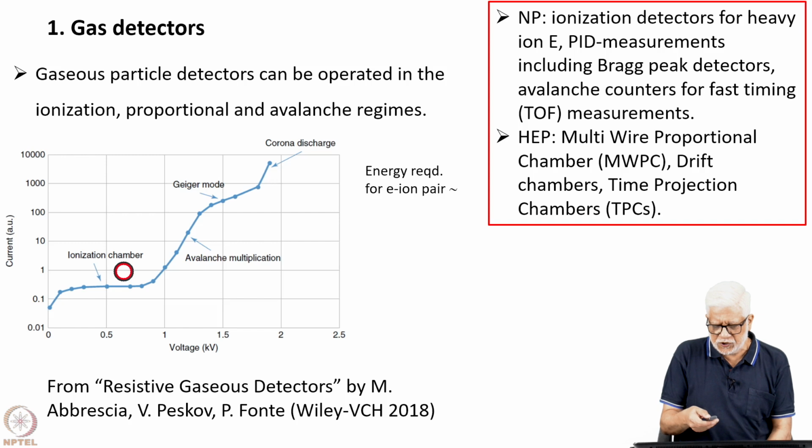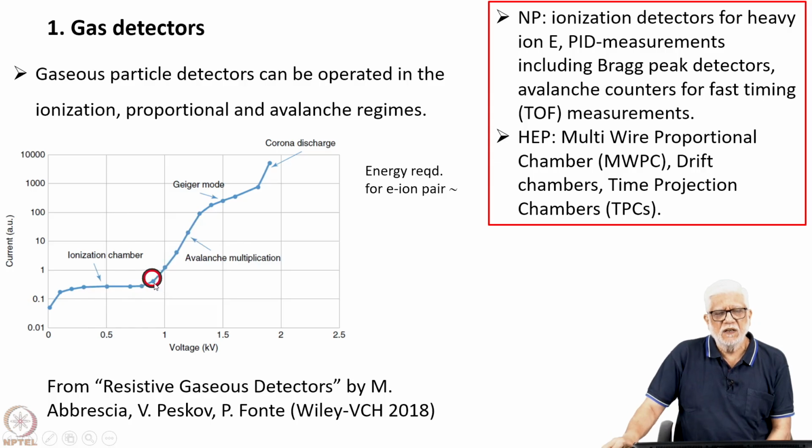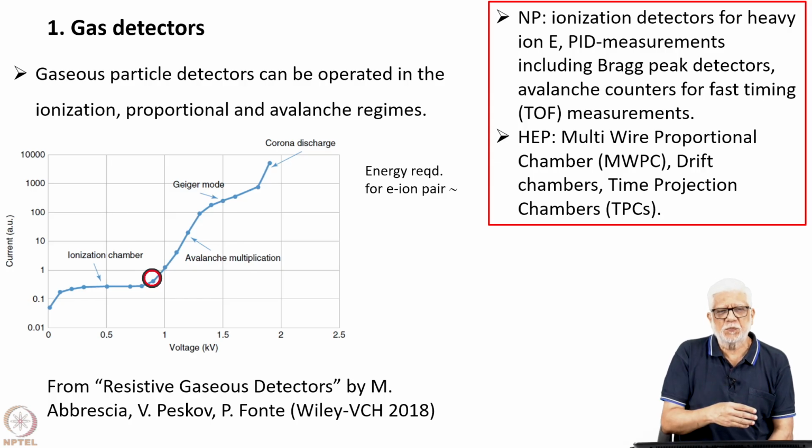If you increase the voltage further, then of course, there is multiplication in the gas. The electrons that are drifting, in distances of order less than the mean free path, can have an energy gain such that they will ionize the gas itself, and then from 1 you can go to 2, and of course, there are many of these primary electrons.